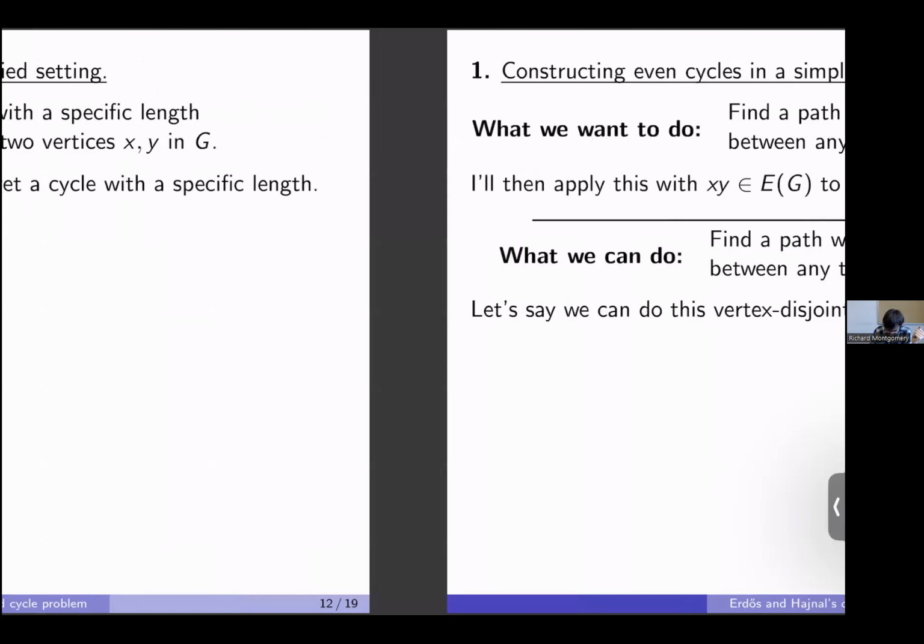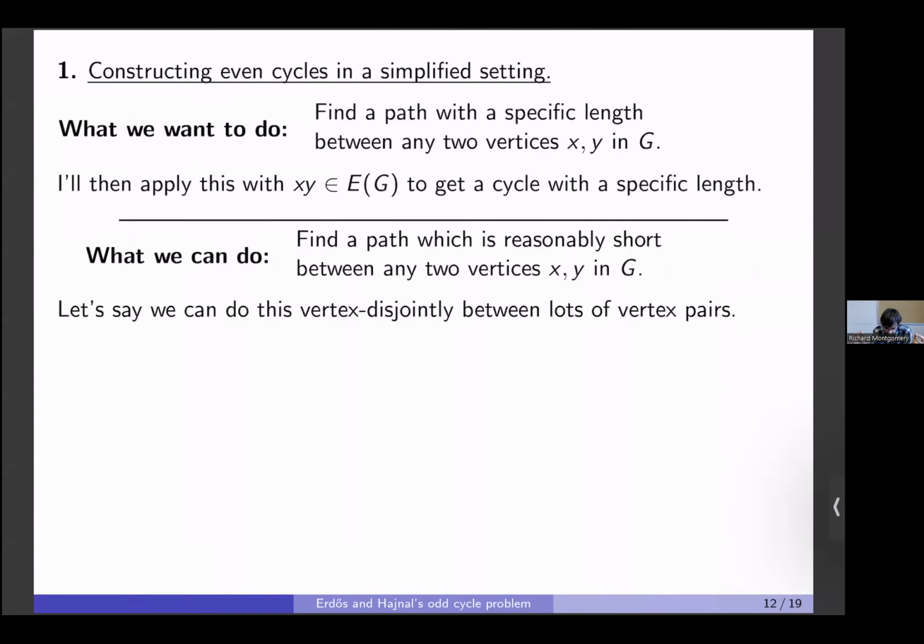For the simplified setting, let's assume that we can find between these two vertices, instead of a path with a specific length, just a path that is reasonably short. As you'll see, if G has n vertices, this might be at most some polylogarithm in n.